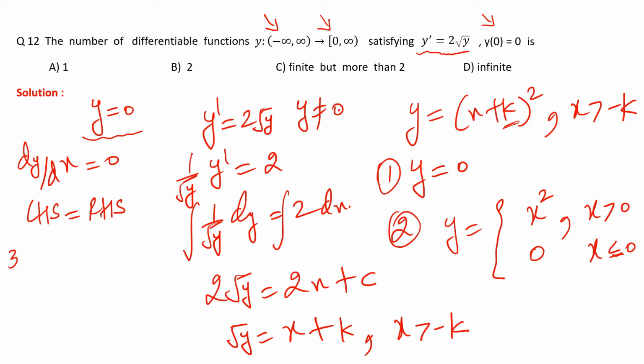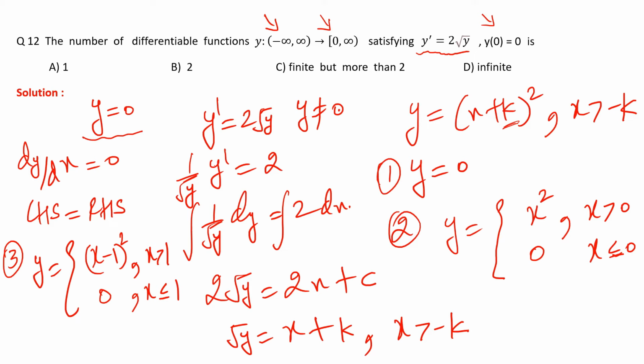For example, the third one I can take as y equal to x minus 1 whole square for x greater than 1, and 0 for x less than or equal to 1. Now just check this particular function for all the conditions.